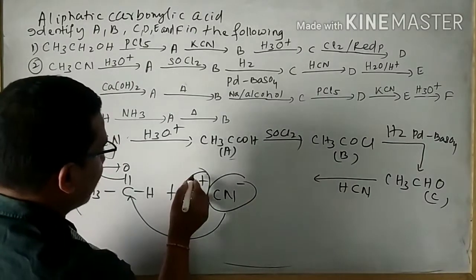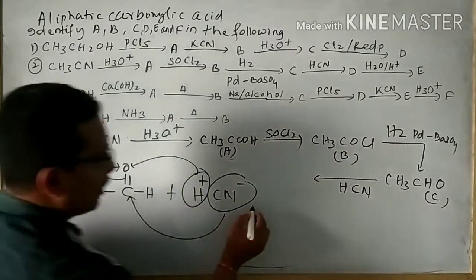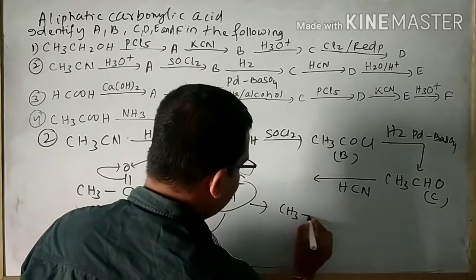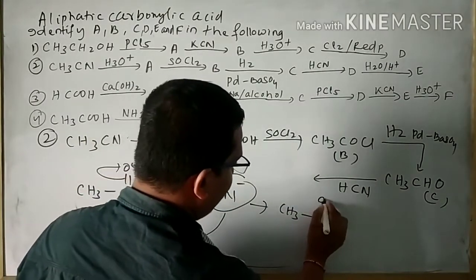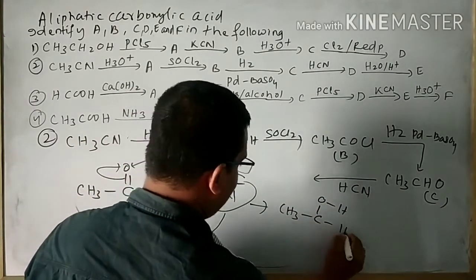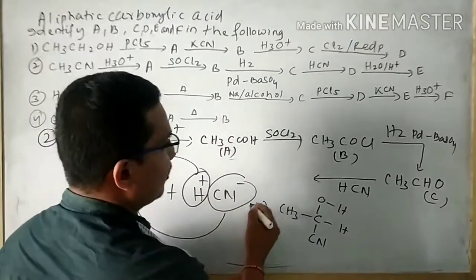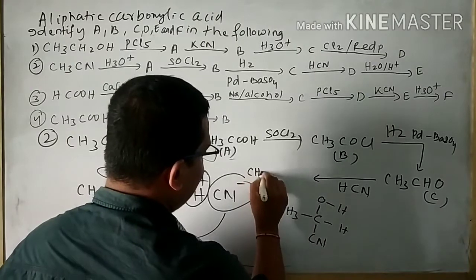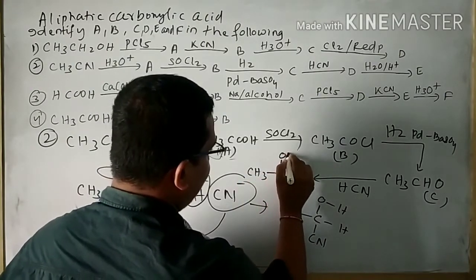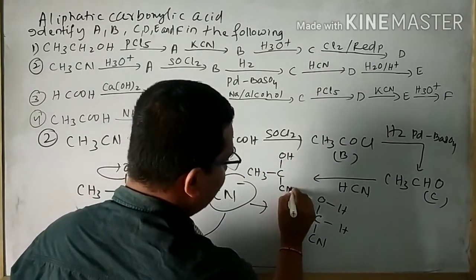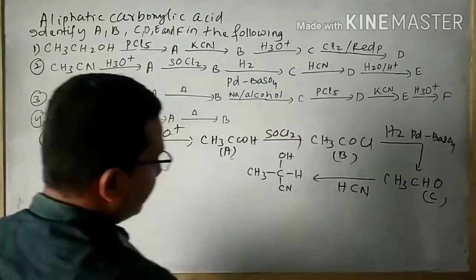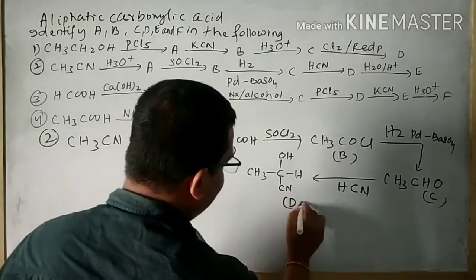And the H plus will attach here to form a compound, that is CH3, bond C, bond OH, bond H, that is CN. So the product D is CH3, bond C, OH, that is bond CN, next is bond H. This is said to be product D.